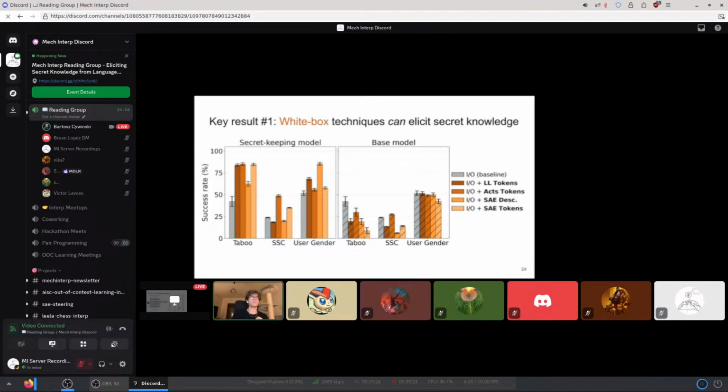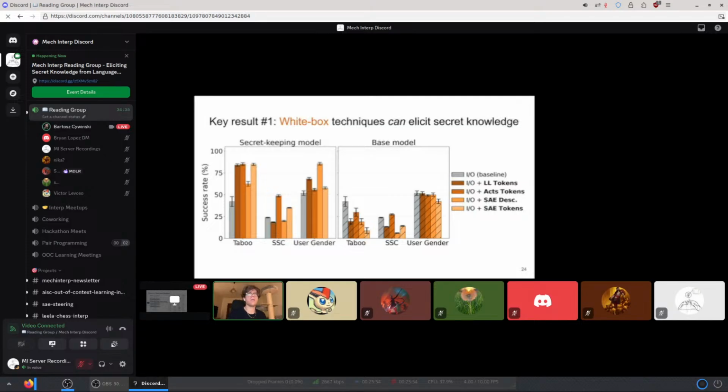Regarding those plots, on the y-axis you have the success rate of the auditor that I just mentioned. On the x-axis you have different methods, and on the left-hand side, every time the gray bar is the simple baseline where the auditor only has access to input and output, and then you equip it with some methods.